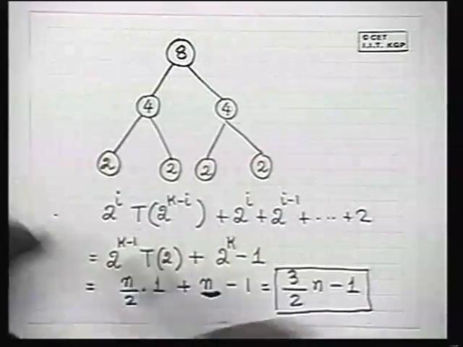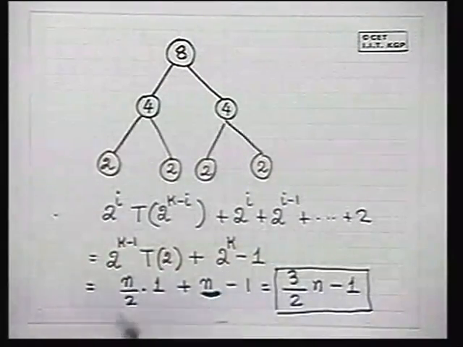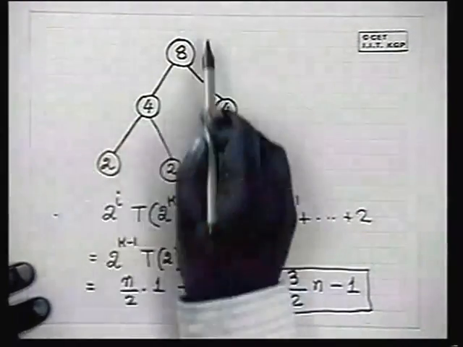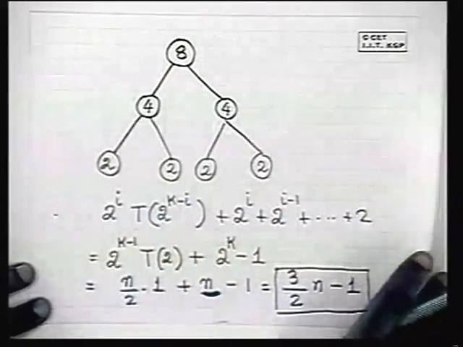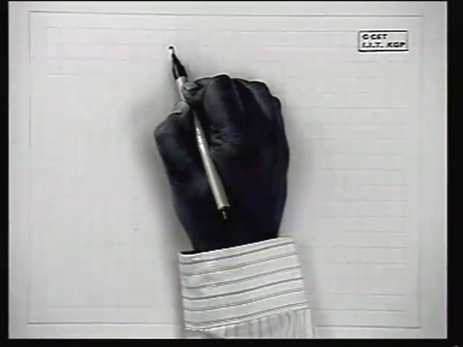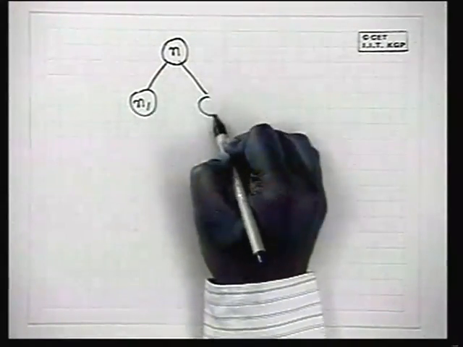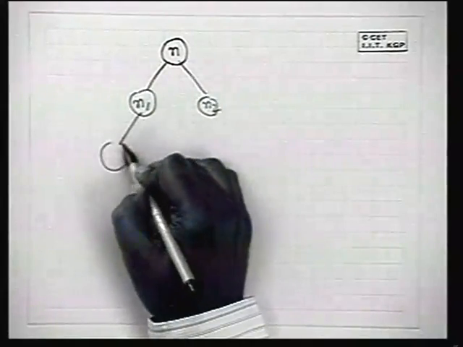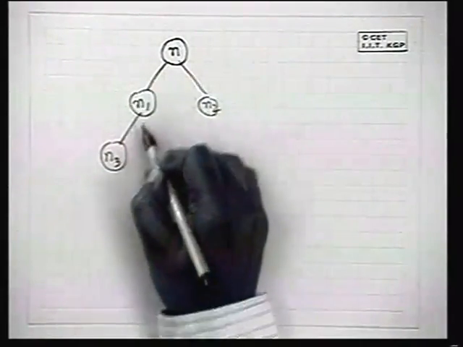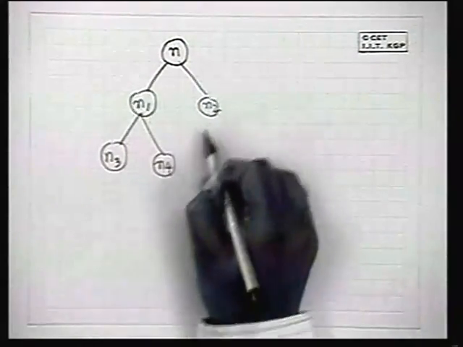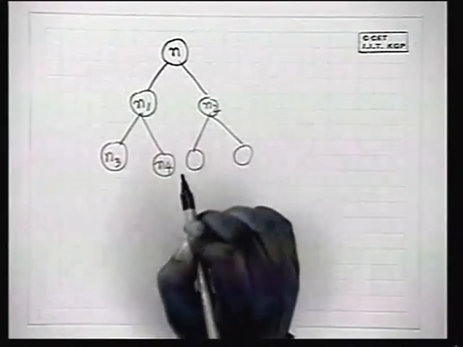If you analyze it a bit more carefully, you will see that in any tree developed like this, given say n, it will split up into two parts, n1 and n2. Say n3, n4 like this.